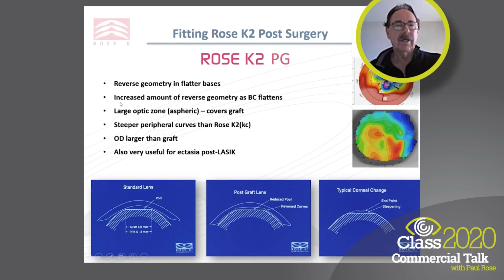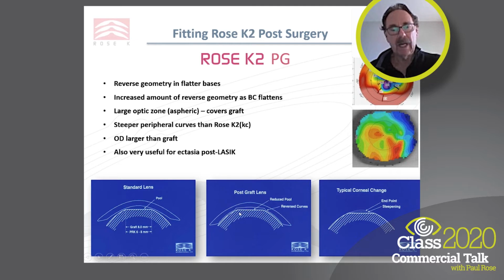If we look at the design, it has reverse geometry, and particularly in flatter bases, anything flatter than about 7.2 has reverse geometry. This increases as you get flatter and flatter with your K readings, which makes sense, because if you try to fit a normal lens, like a keratoconic lens, on a cornea that's this shape, you end up with a large central pool over that oblate area.